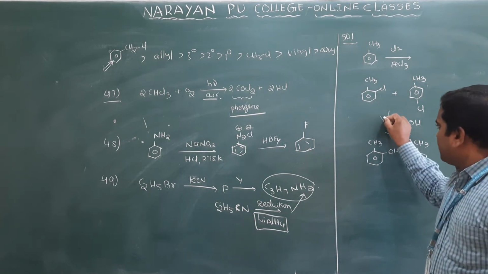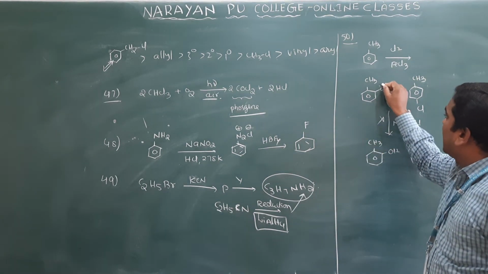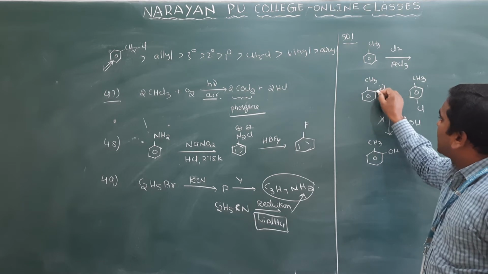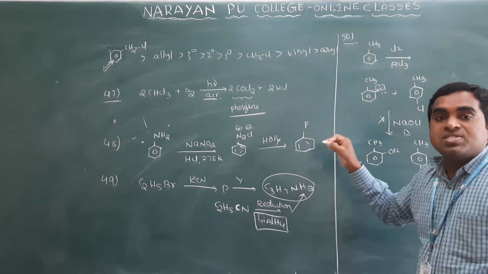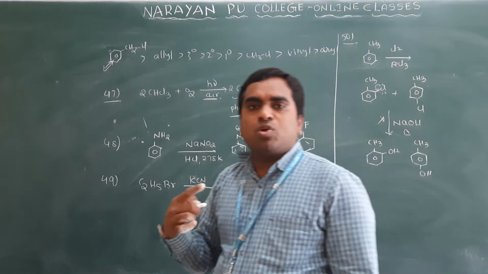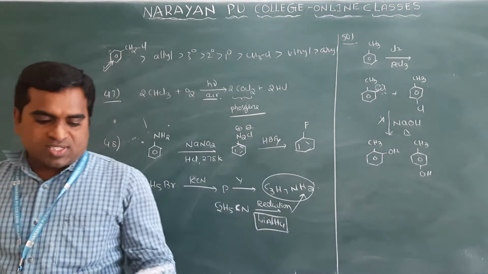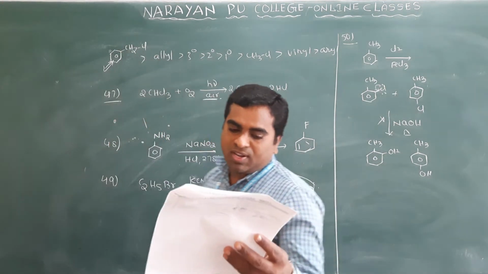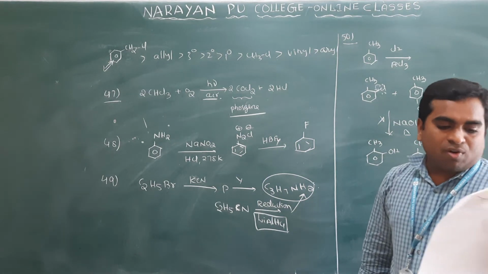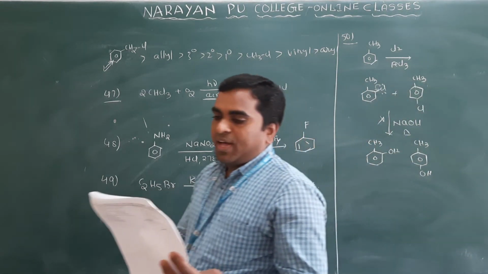Remember, this reaction will not take place easily because this bond is not a single bond. It is a partial double bond, so you have to maintain very drastic conditions. So your answer is a mixture of ortho cresol and para cresol.